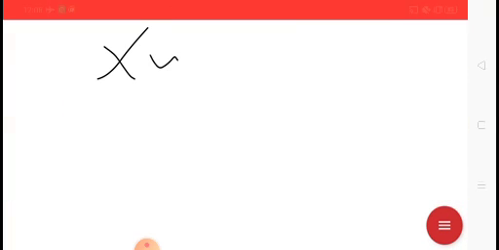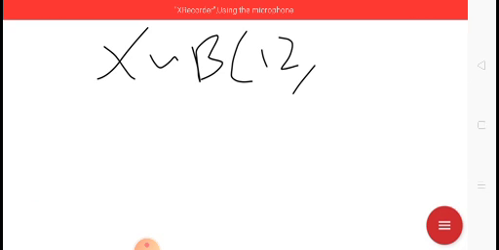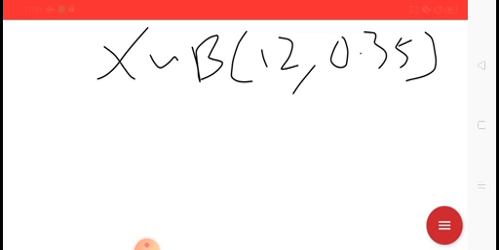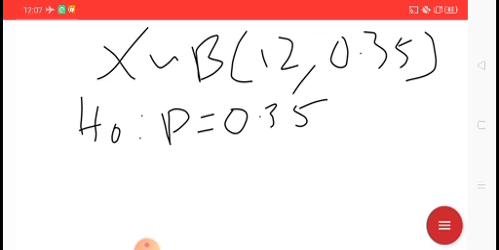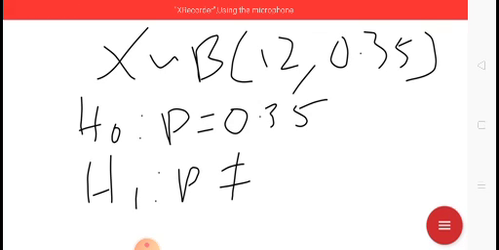So binomial. You have 12 voters, and the probability that you select the party is 0.35. This is the benchmark, and you need to set your hypothesis. H0 is p equals 0.35, and H1 will be had changed or not, so not equal to 0.35.